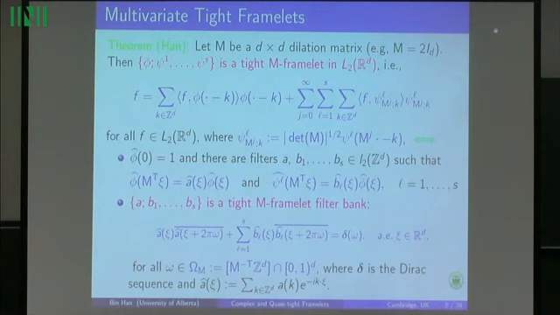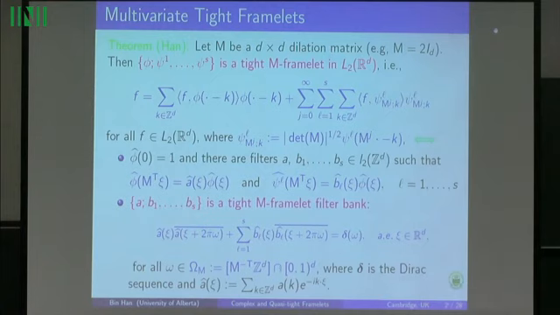The first one is written in the frequency domain: phi hat of M transpose xi equals a hat, which is a 2-pi periodic function in higher dimensions, times phi hat. This is known as the refinement equation in higher dimensions.